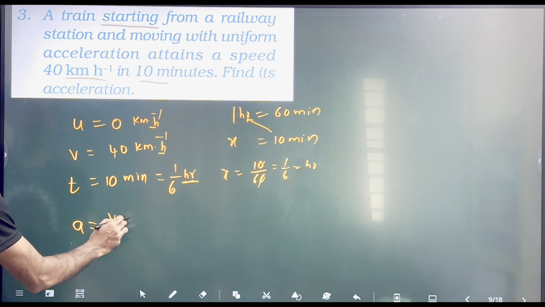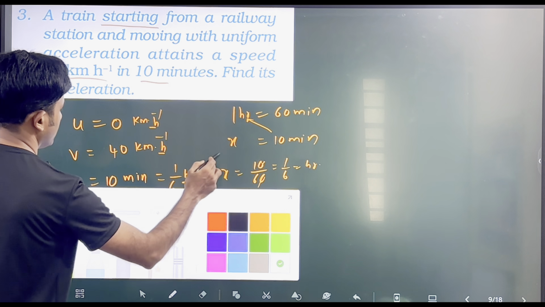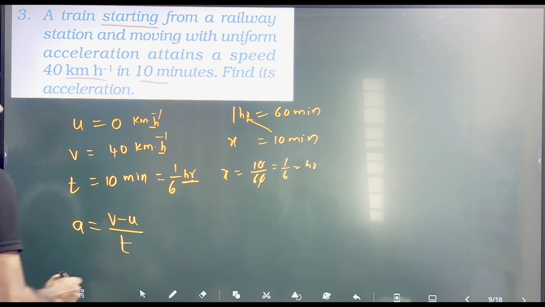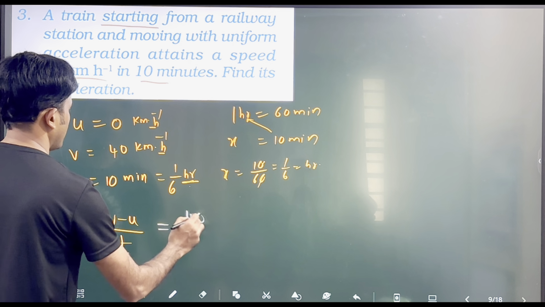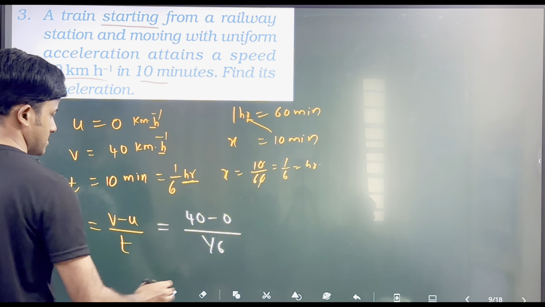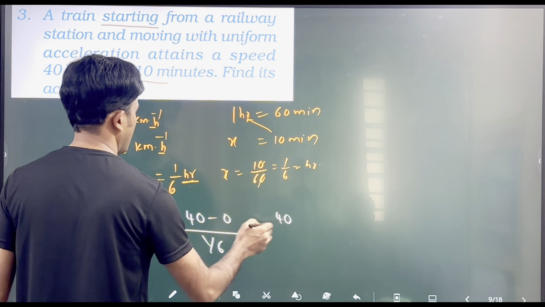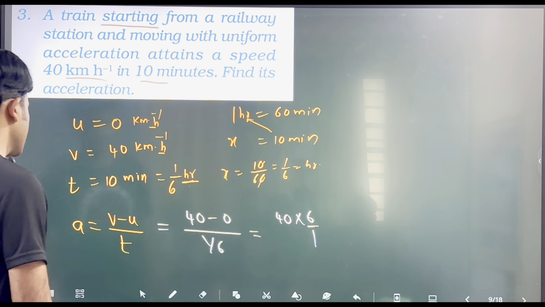Acceleration equals the formula v minus u by t. So just substitute the values here. What is the v here? 40 minus 0. Time value is 1 by 6. So 40 over 1 by 6 becomes, with the reciprocal, 6 by 1.